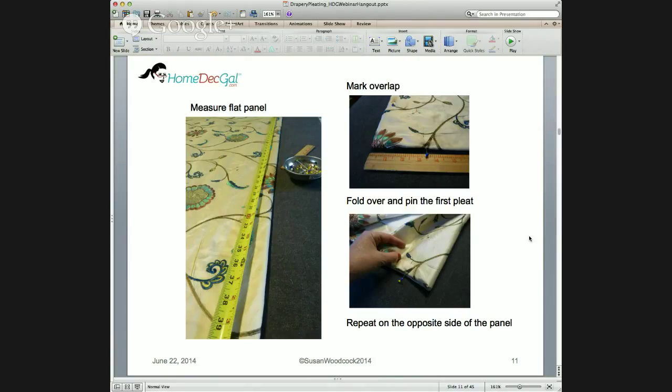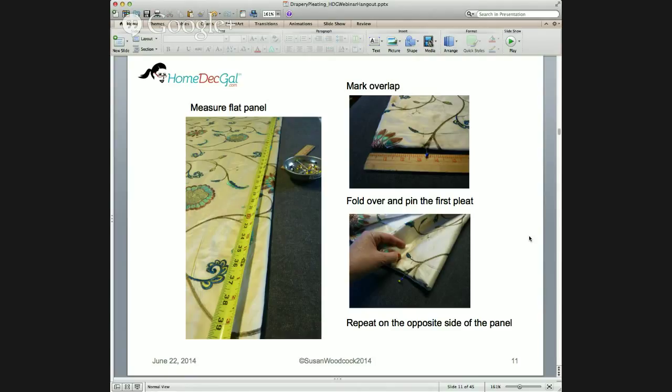So for this single width panel, you measure the flat panel, you do your calculations, and then after you know we have those 5-inch pleats, we're marking the overlap, which was 3.5 inches, and then fold and pin the first pleat. So that's 5 inches. I measure over 5 inches, bring those 2 pins together and pin it.